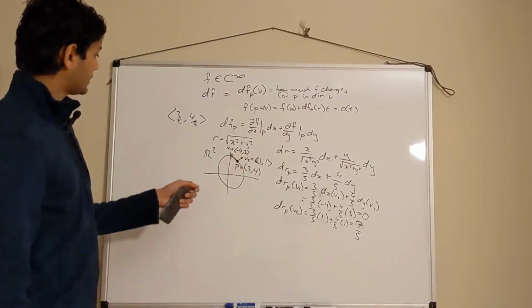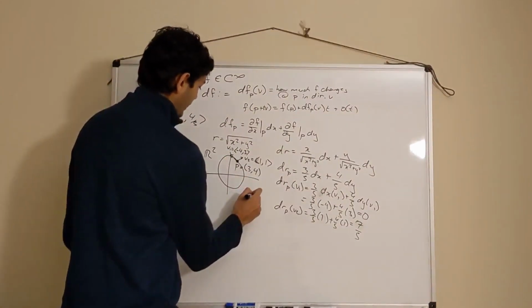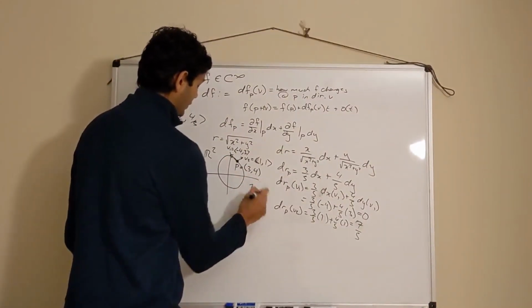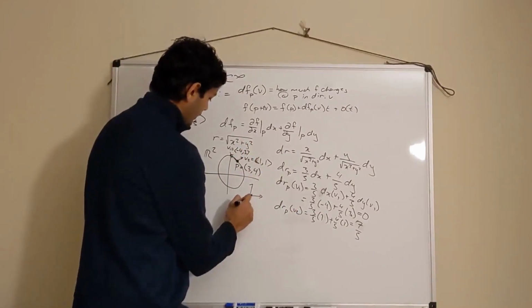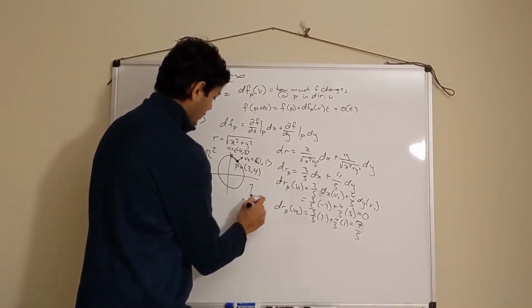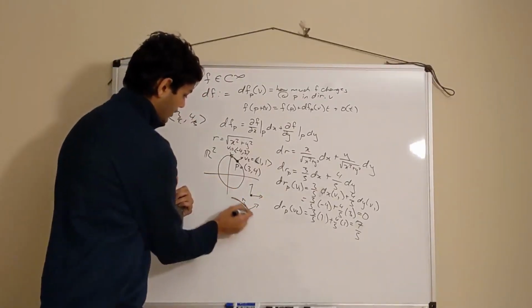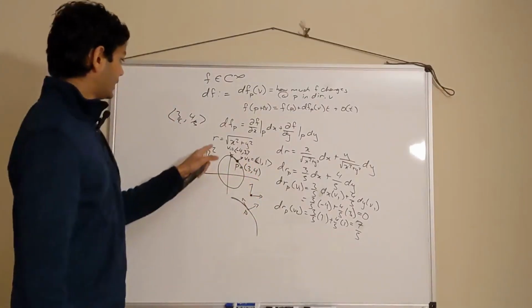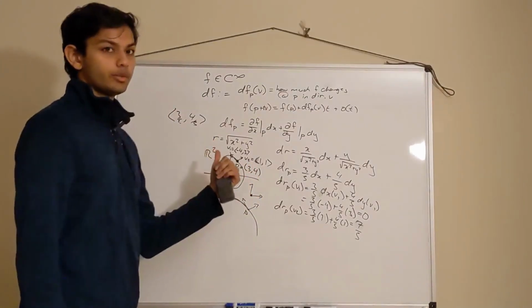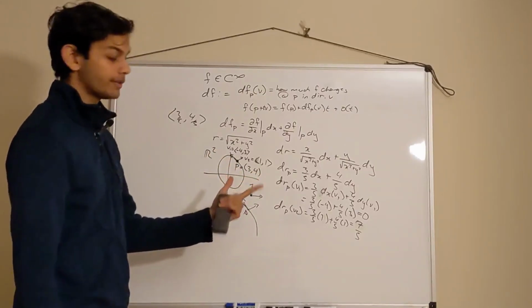And that makes sense because at the point P, we can choose two basis vectors, e1 and e2, which are the horizontal and vertical directions, but we can also choose two vectors which are the tangential direction to the circle at the point P and the normal direction to the circle at the point P. And our function r does not change if we move along the tangential direction, but it does change if we move along the radial direction.